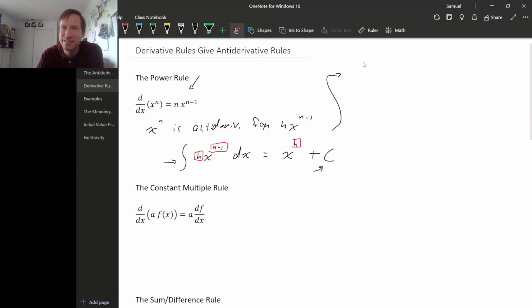So that gives us the antiderivative of n plus 1 times x to the n is x to the n plus 1.